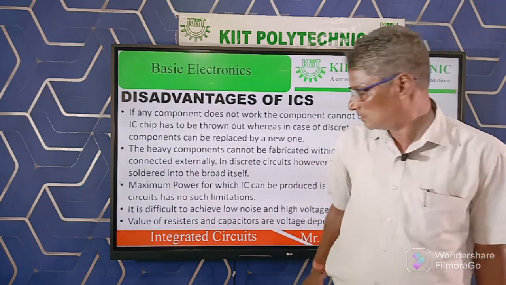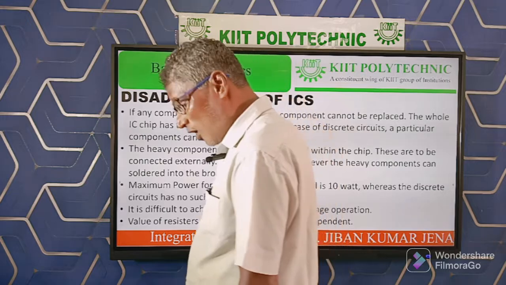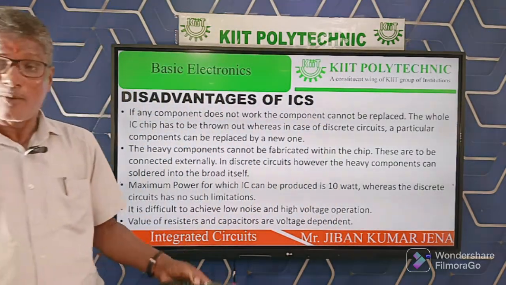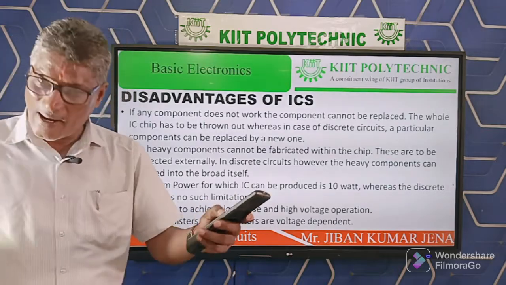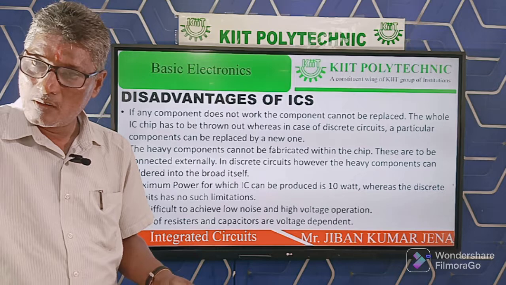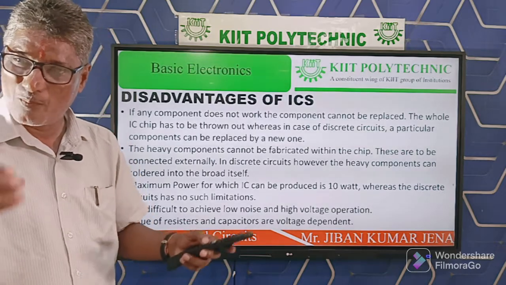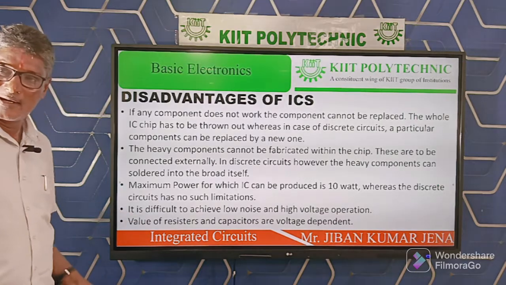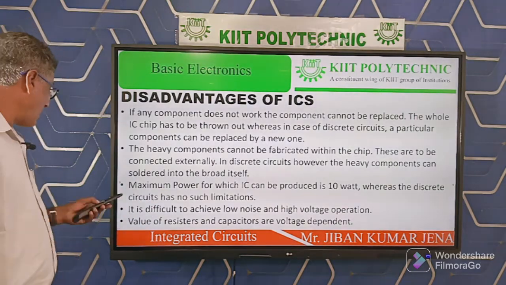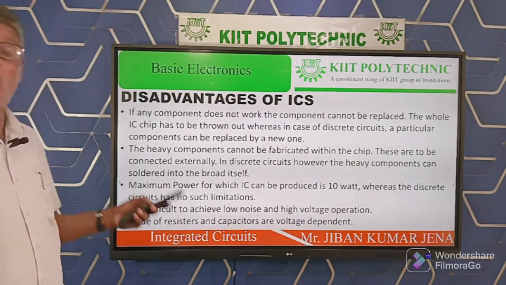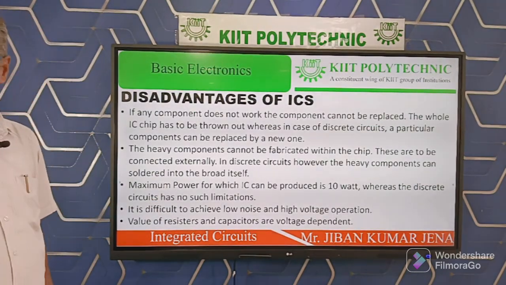They need voltages for their operation, that means high voltages. But to operate the IC, as I have already discussed, it requires low power operation, and power consumption is less. So that is why it is a drawback, a disadvantage. The value of a resistor and capacitor are voltage dependent.